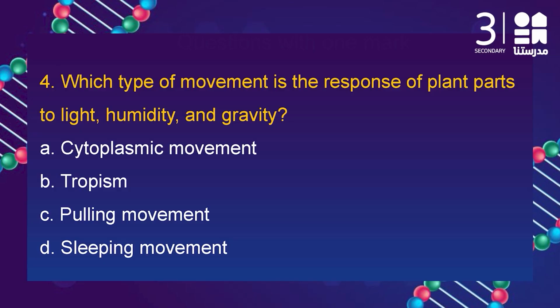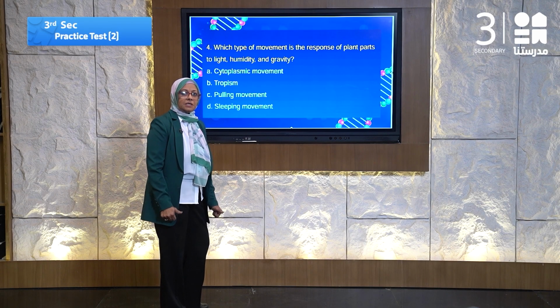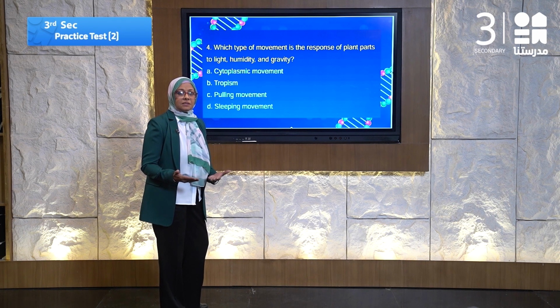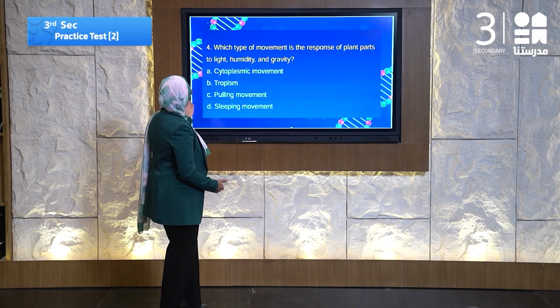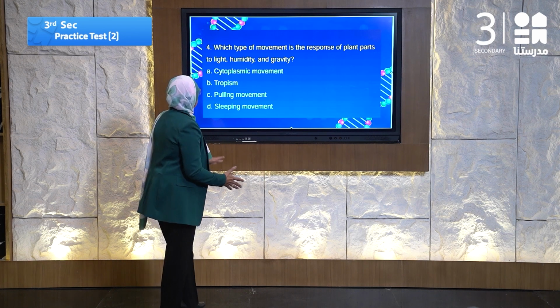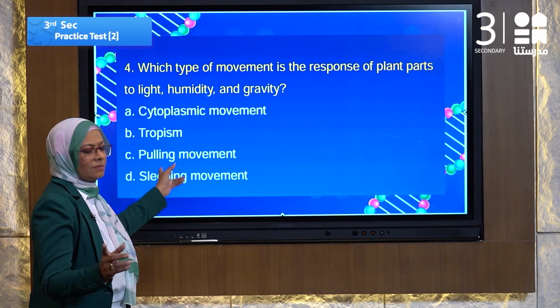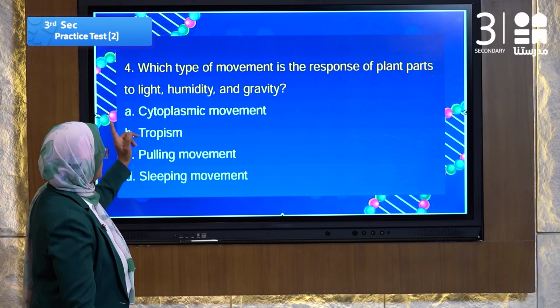Number 4. Which type of movement is the response of a plant part to light, humidity, and gravity? Wow, it is the response. Response means how the plant senses. We speak about the plant sense, so let's read the choices first, then go to the answer. Number A, cytoplasmic movement. Does cytoplasmic movement relate to sense?